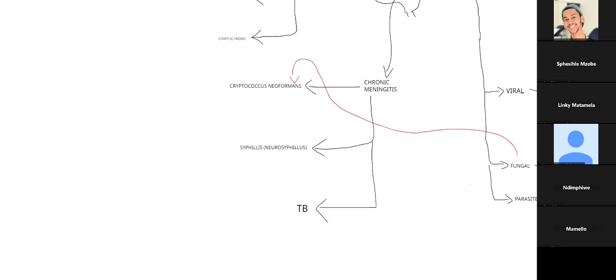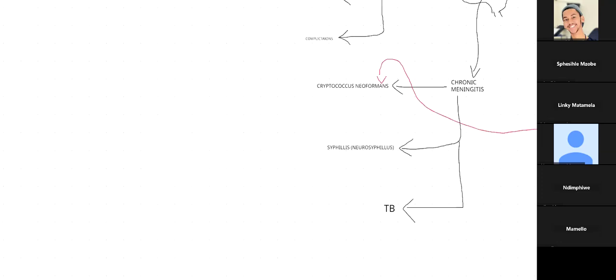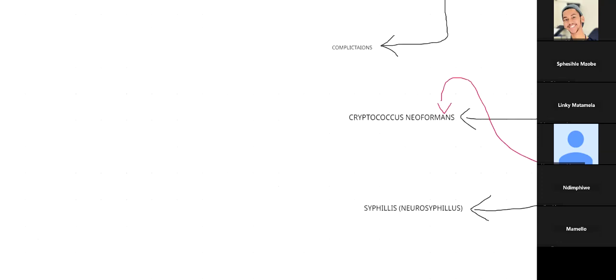What are the important things to remember here? In terms of prevalence, it commonly affects immunocompromised individuals, especially those with HIV/AIDS.